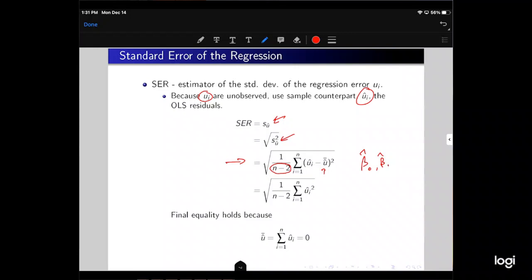Note that by construction, the sample average of the residuals is equal to 0, so that bit drops out and we're left with the final equation here. So it's almost like the average of the residuals squared, but not quite because of the degree of freedom correction.